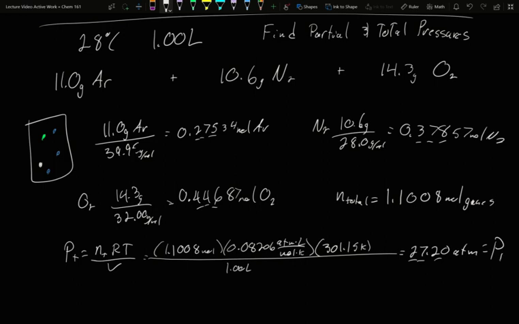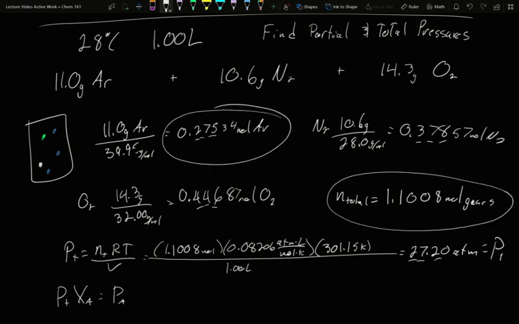That's my pressure total. To find the partial pressure of each gas, remember that my pressure total times the mole fraction will equal the pressure of that gas. So I'd need mole fractions. Well, I have the moles of each gas and I have the total moles. A mole fraction is just what percent of the total moles is there.